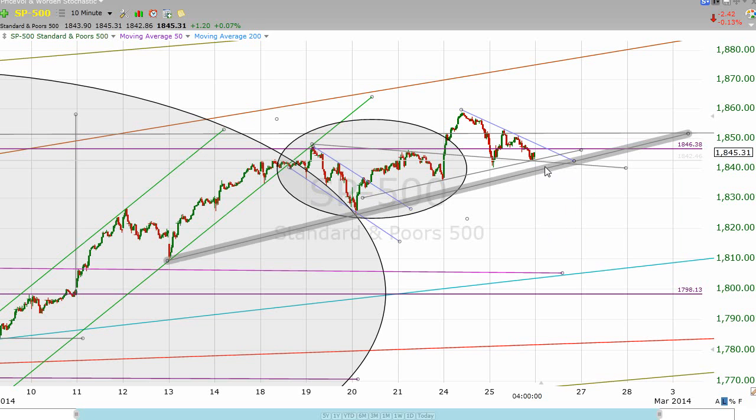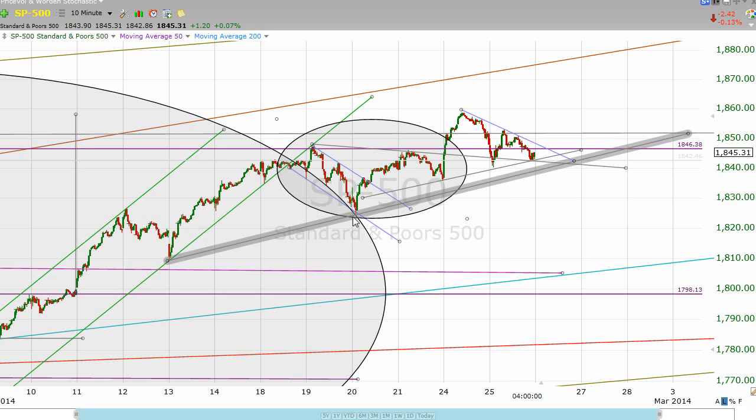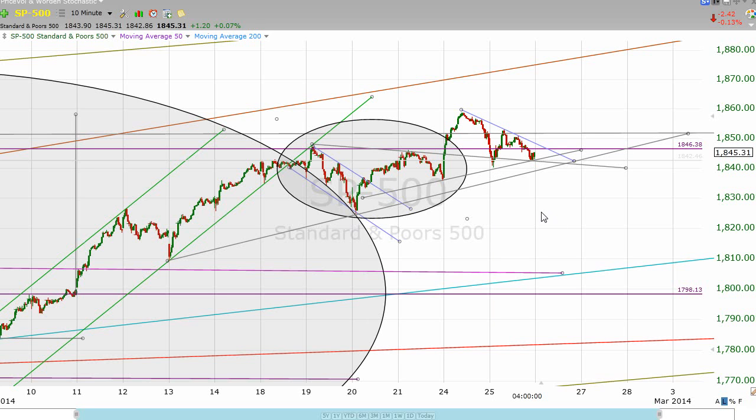So I'm thinking it's fairly important for us to bounce tomorrow. Otherwise, I think we would be looking at a trip back down into the mid-1820s to at least test our previous low back here on the 20th. So I think that's it, guys, and let's see what happens tomorrow.